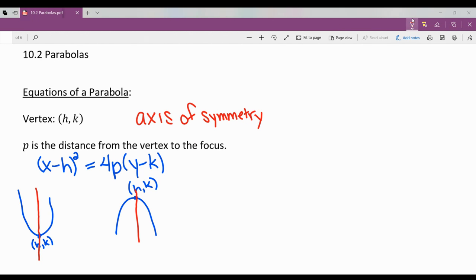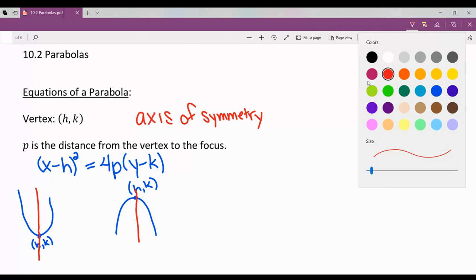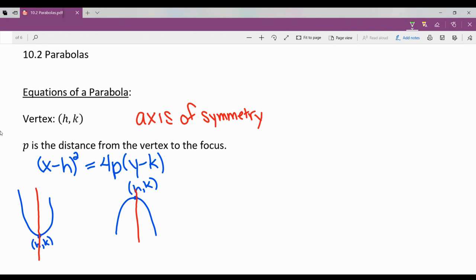So then we've got something called the focus. Okay, so the focus is inside of the parabola, and it's actually going to lie on the axis of symmetry, and it will be p units away from the vertex.